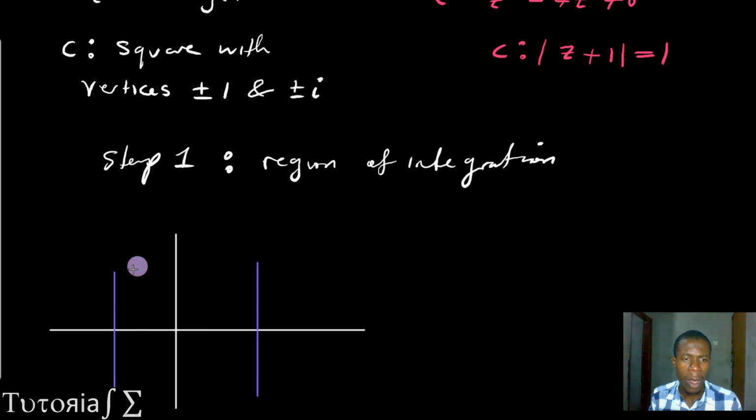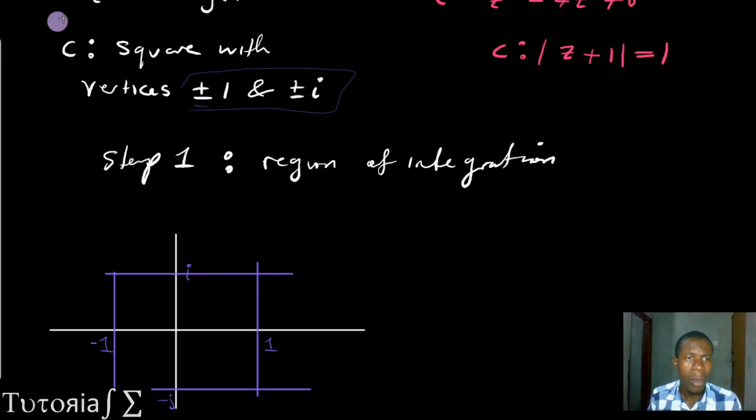This is +i there, positive i up there, and -i down. Okay, so this is where negative is.